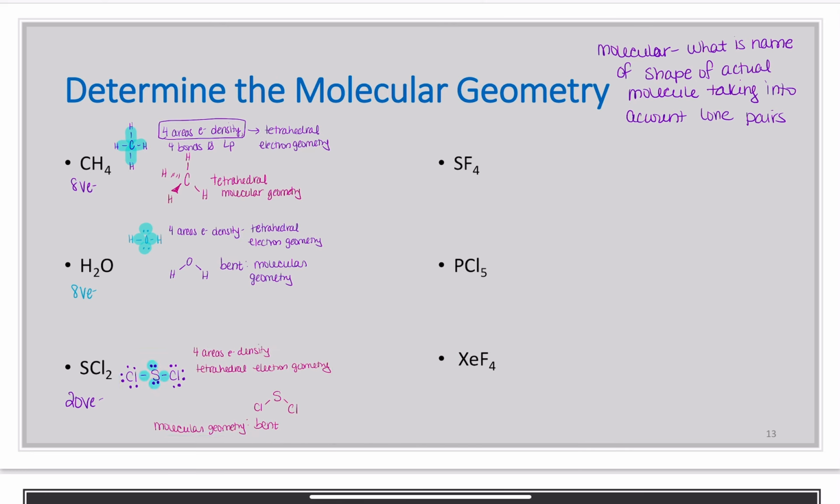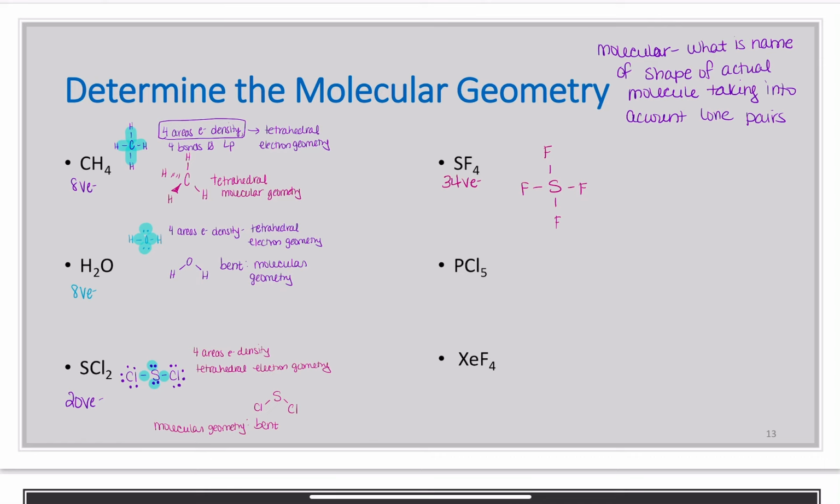What about SF4? Let's see, sulfur is 6, 4 fluorines is 28, that's 34 valence electrons. Sulfur, fluorine, fluorine, fluorine, fluorine. That uses up 28, or 32, I can't count, obviously.